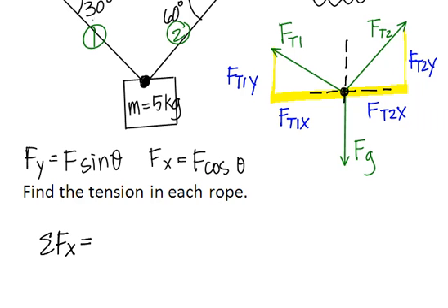And if this is 30 degrees here, then this right here is also 30 degrees. 30 degrees between the horizontal and the rope, 30 degrees between the horizontal and the rope. So this one would be 60 degrees because there's 60 degrees between the horizontal and the rope. So any horizontal and the rope would make 60 degrees. Alternate interior angles or some sort of geometry like that.